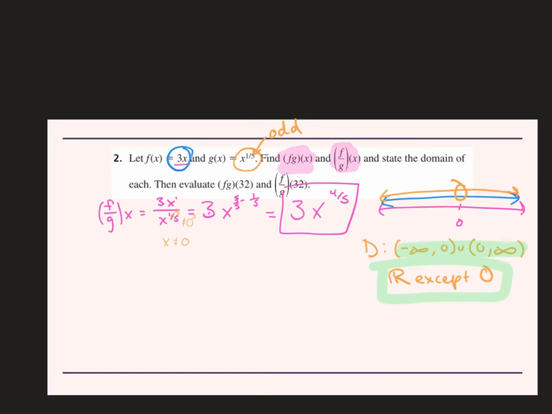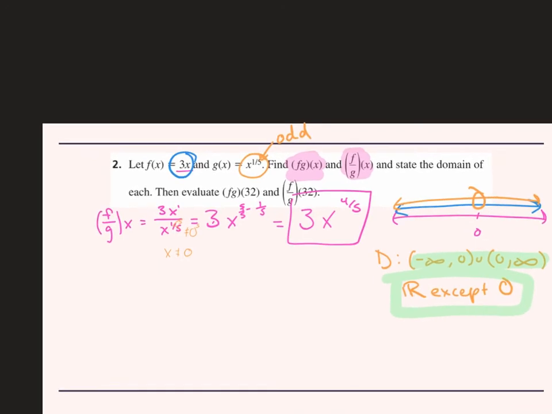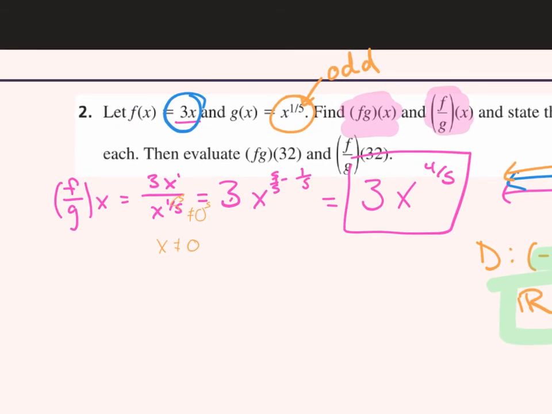All right, last thing we have to do is evaluate. So we're plugging in 32 into what? Three times x to the 4/5, this one, the simplified form. So we have 3 times 32 to the 4/5 power.